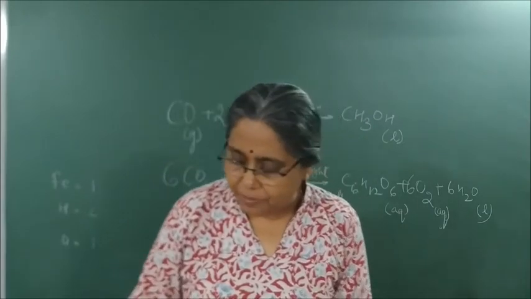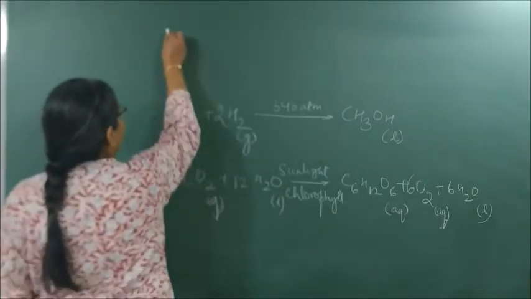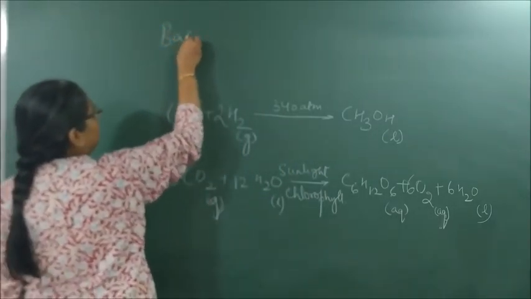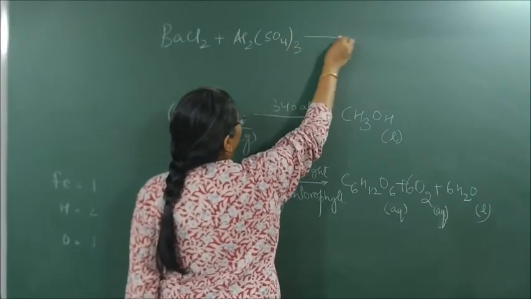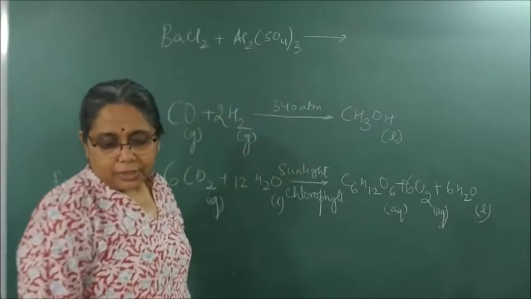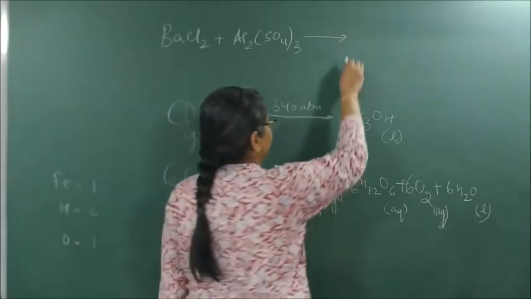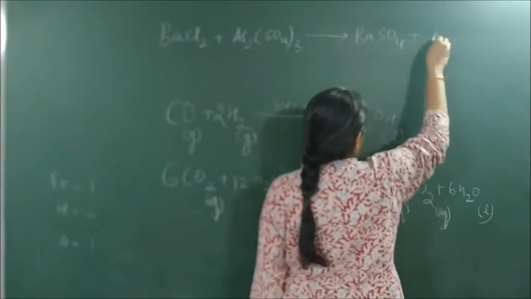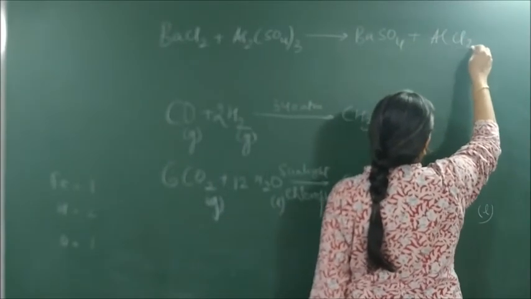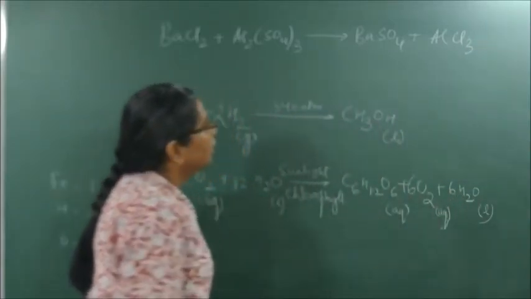Barium chloride, BaCl2, plus aluminium sulfate, Al2(SO4)3, gives what? Barium sulfate, BaSO4, plus AlCl3, aluminium chloride.